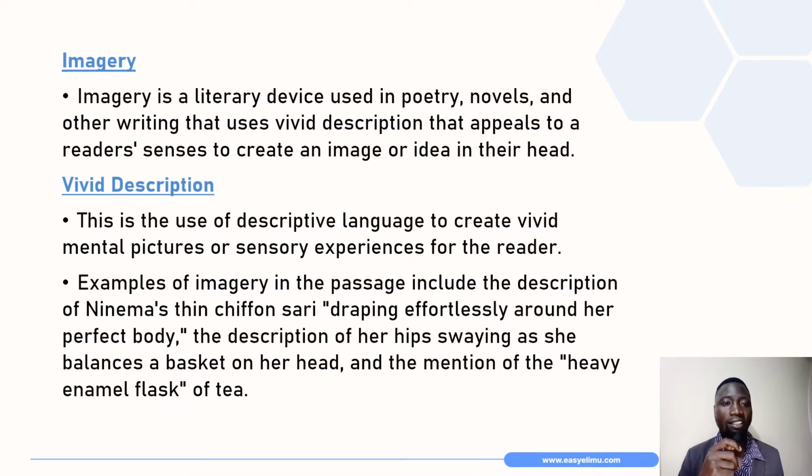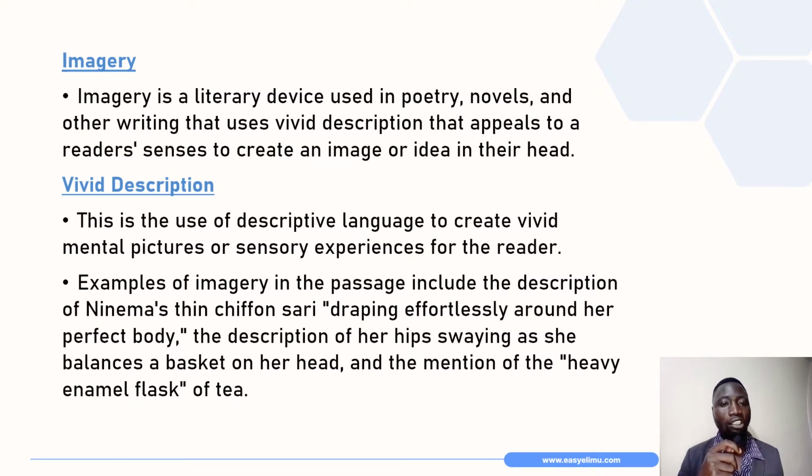So remember that this is a literary device used in many literary works, like poetry, novels, and other writing, that employs the use of vivid description that appeals to the reader's senses, creating an image or idea mentally.